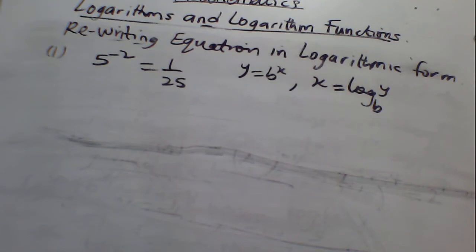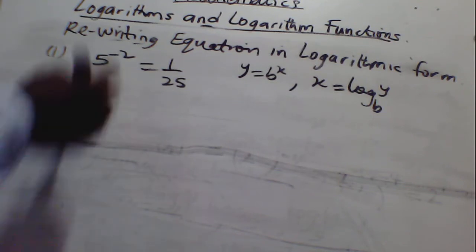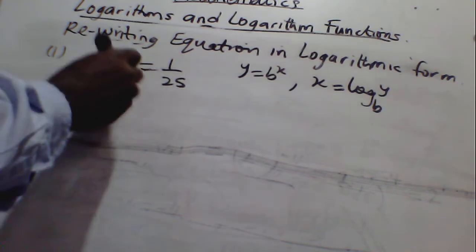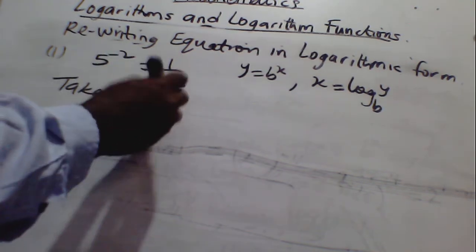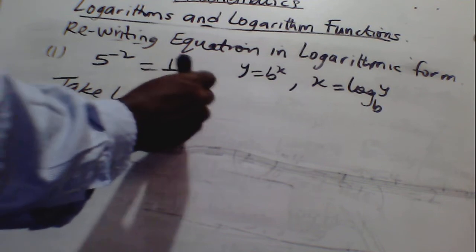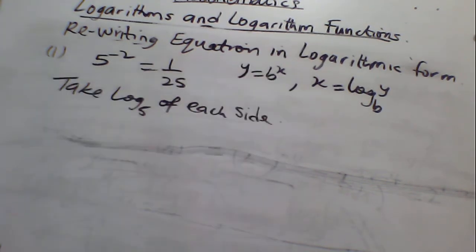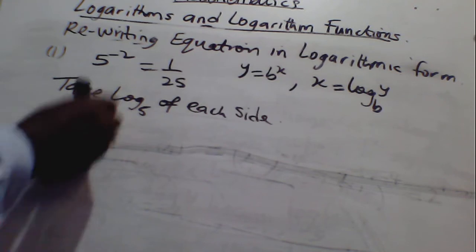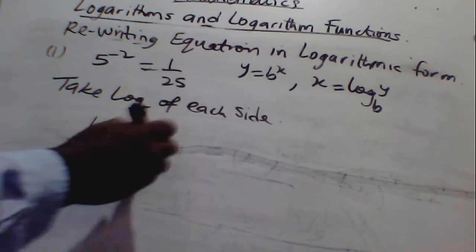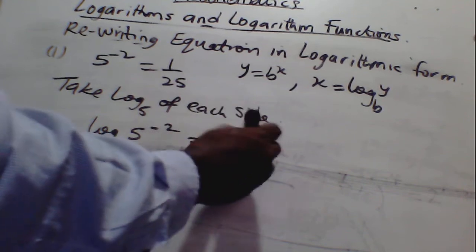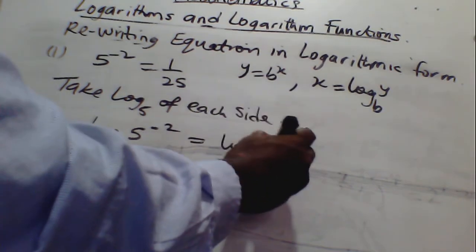The first thing is to take the logarithm of both sides. Take log to base 5 of each side. So this will give us log to base 5 of 5 raised to the power minus 2 is the same thing as log of 1 over 25 to base 5.